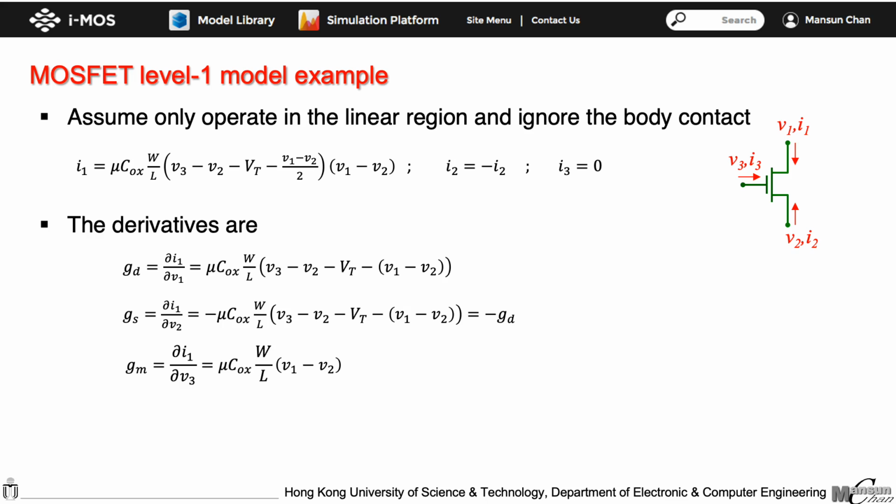As I2 is just the negative of I1, its derivatives are also the negative values of what is already calculated for I1. As the gate is regarded as an insulator, its current is assumed to be zero under all bias conditions. So, all its derivatives will be zero.